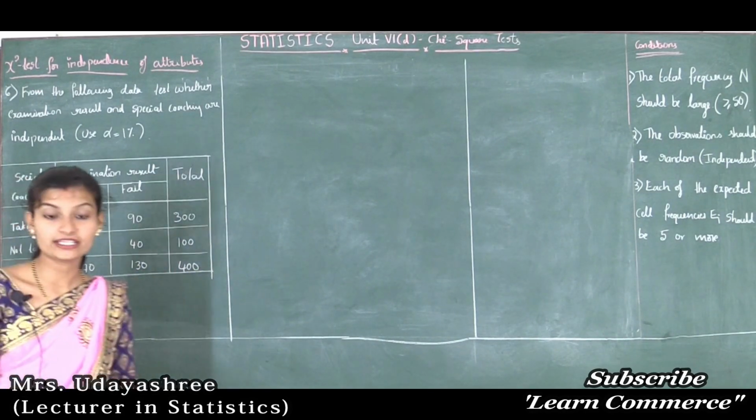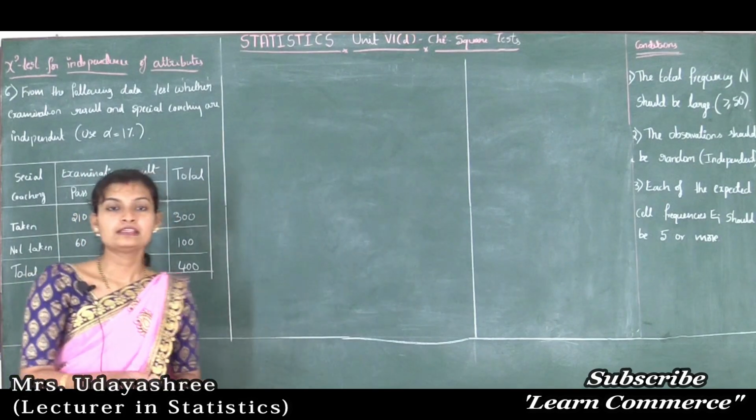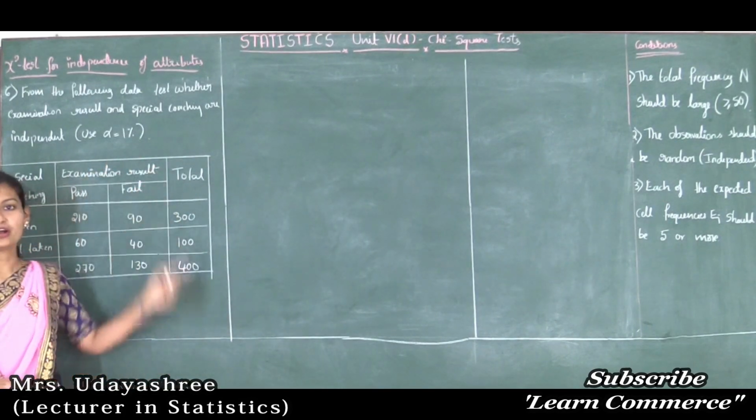Let's see the given information. First, this is a 2 cross 2 contingency table.